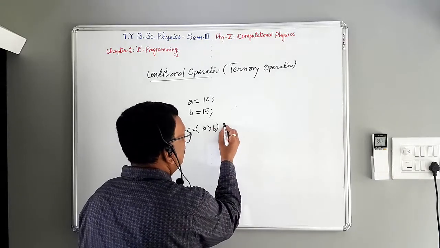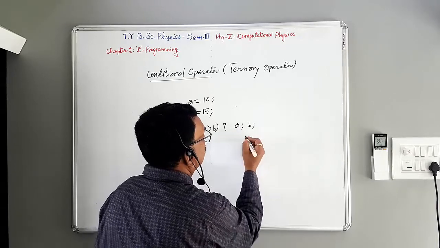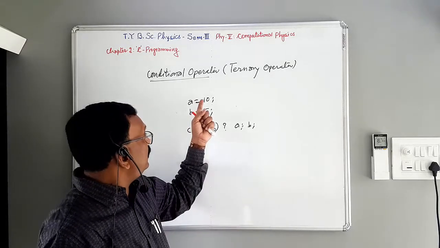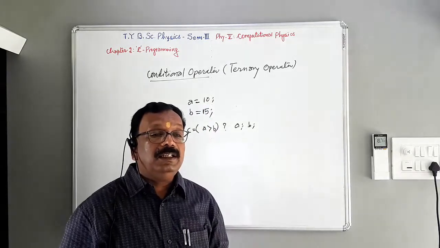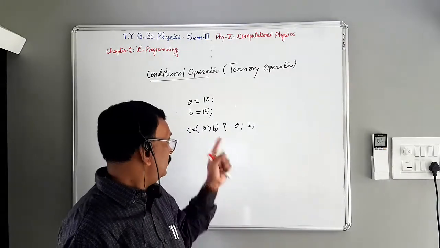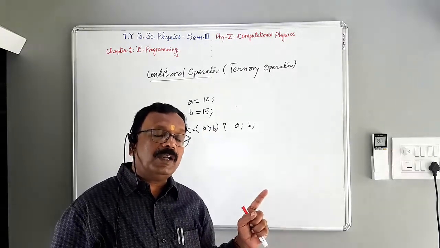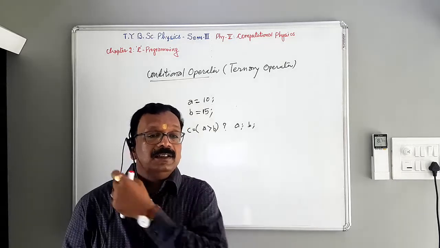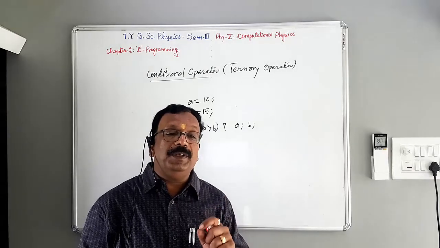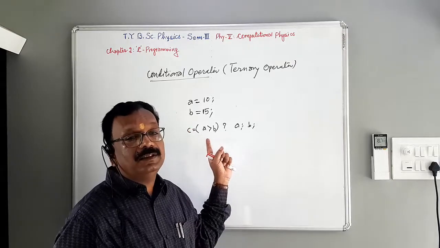If a > b is true, then c is a, otherwise c is b. When this expression is executed, c is equal to b, which is 15, and 15 is assigned to c.